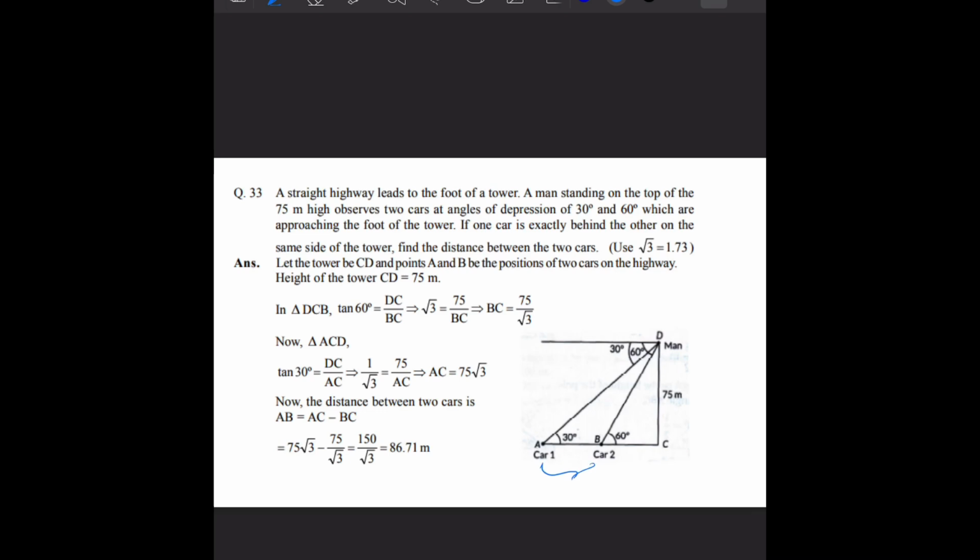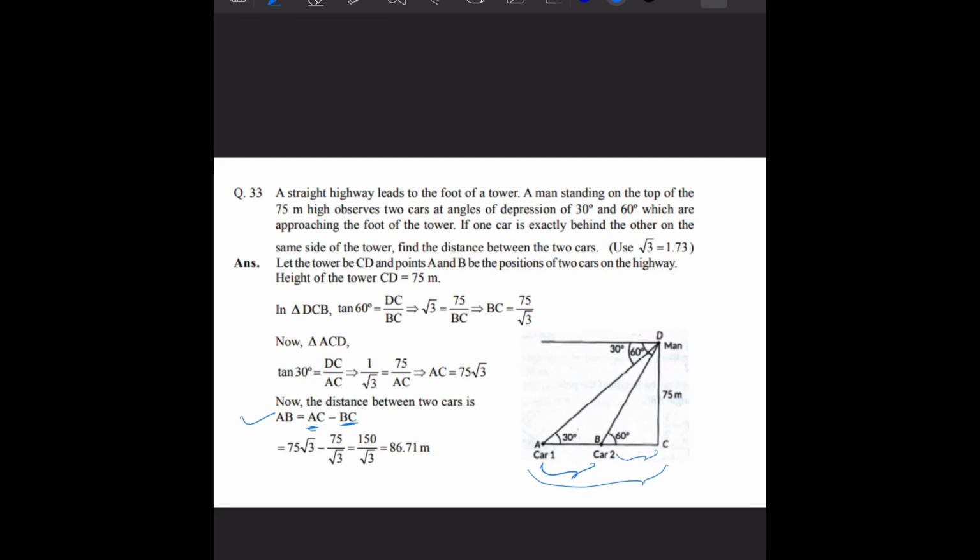We need to find out AB. How do we find out AB? By calculating AC and by calculating BC. If I subtract BC from AC, we get AB, right?